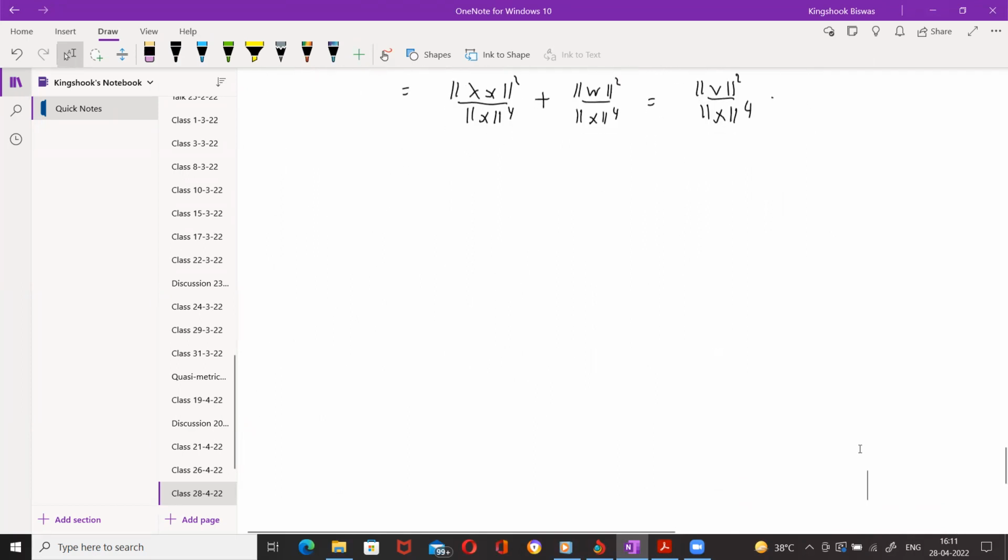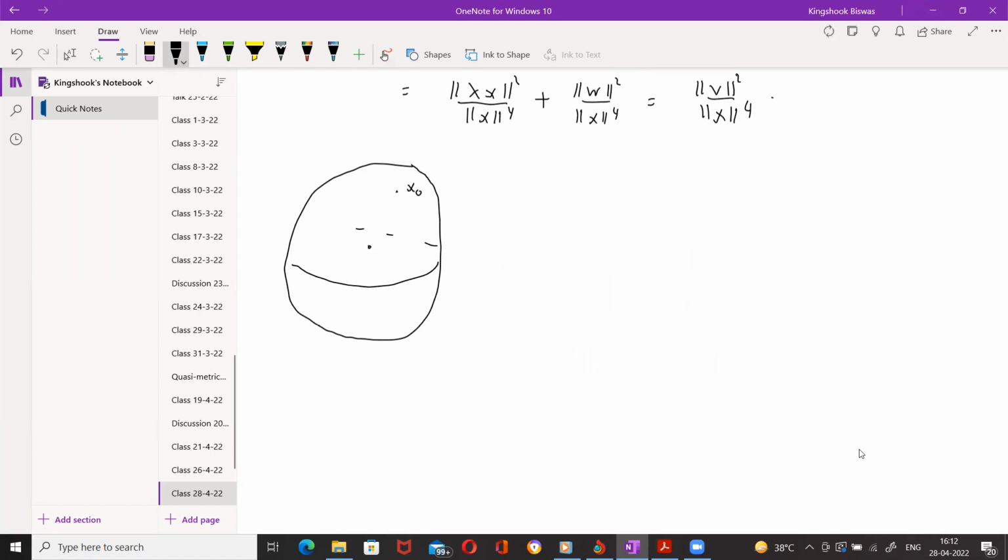I'll just tell you how to get this map. It is a composition of reflections with respect to a sphere. So here's x naught. There'll be a hyperplane in Hn, in the ball. This is a ball, higher dimensional now.